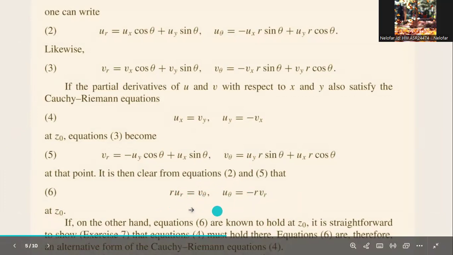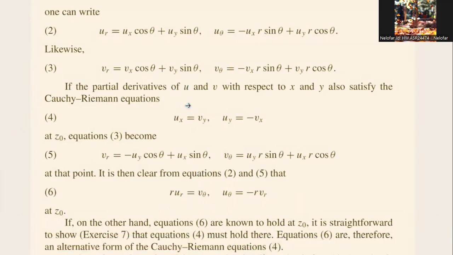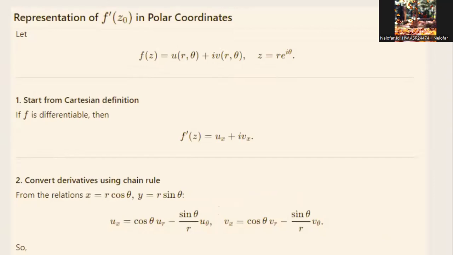If we suppose these CR equations in polar form hold, then by using an alternative form of chain rule, we can also prove that the CR equations in Cartesian coordinates also hold. We are giving the proof of that converse part in the end.